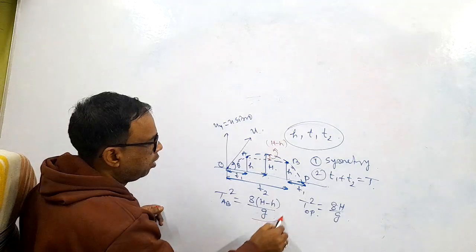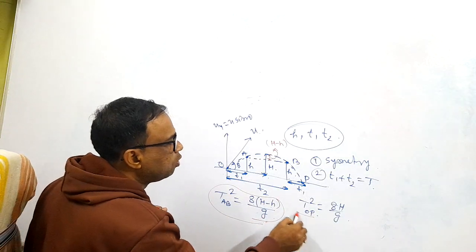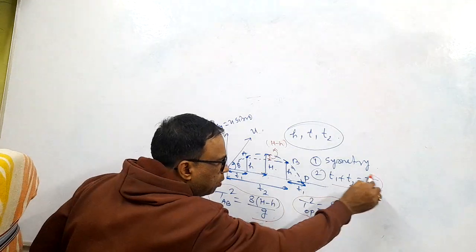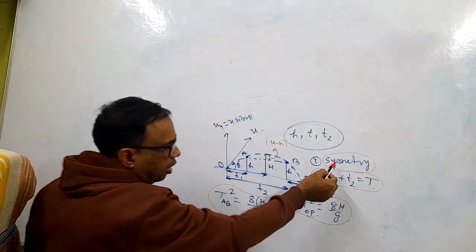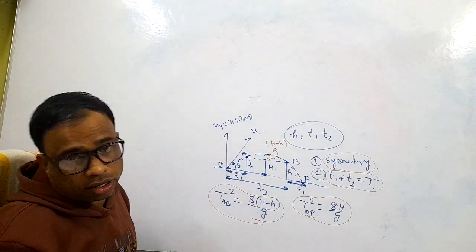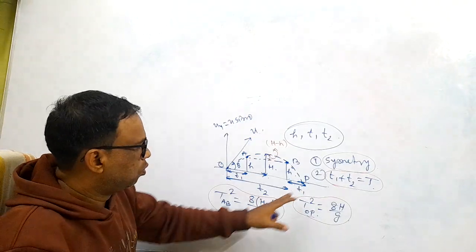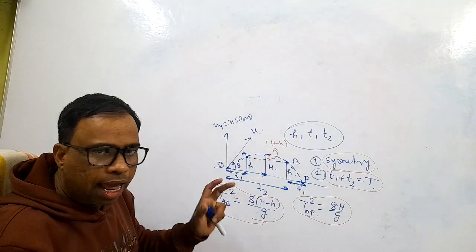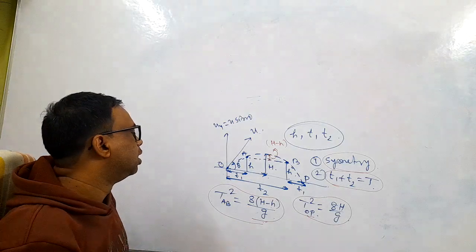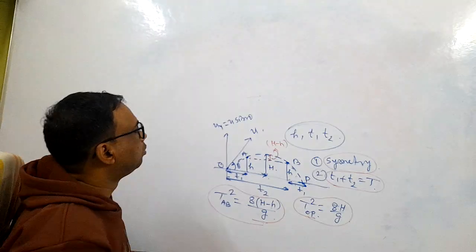So 8h by g, you can apply this symmetry also. Numbers 1, 2, 3, 4 are already in your hands.